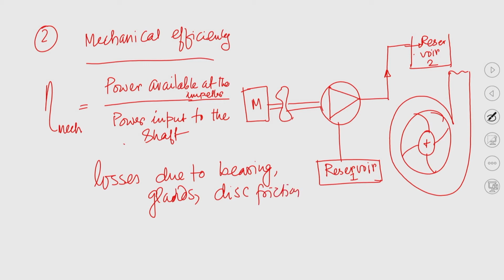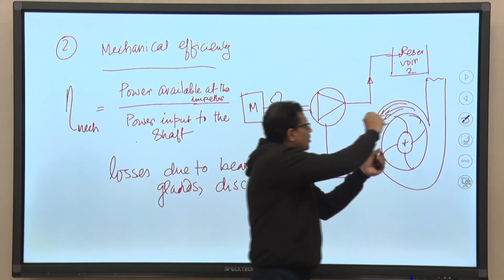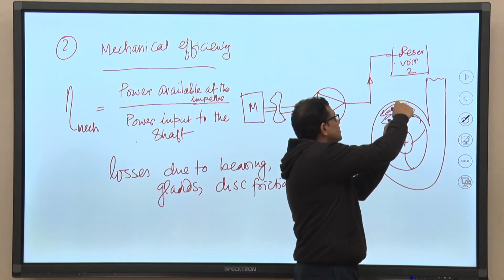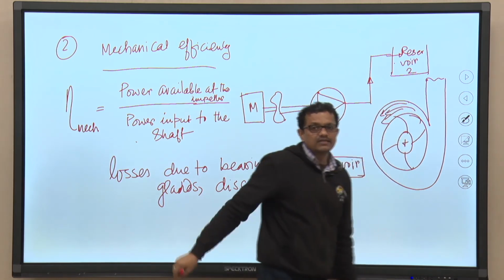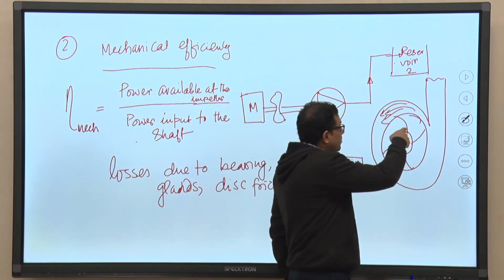What is disc friction? You understand that the space between the impeller outer surface and the casing is filled up with liquid, right. The impeller is rotating, but there will be a viscous friction between the fluid and the outer surface of the impeller as the fluid is confined between two mating surfaces.